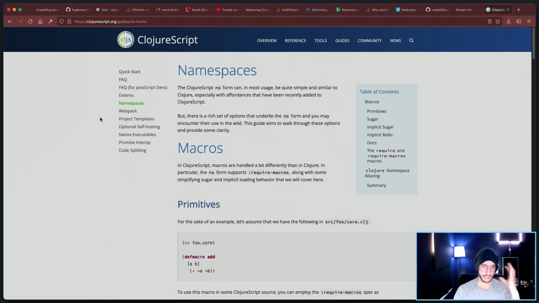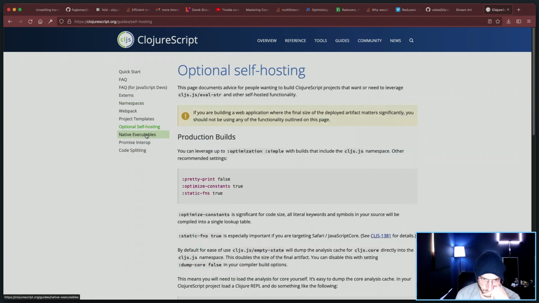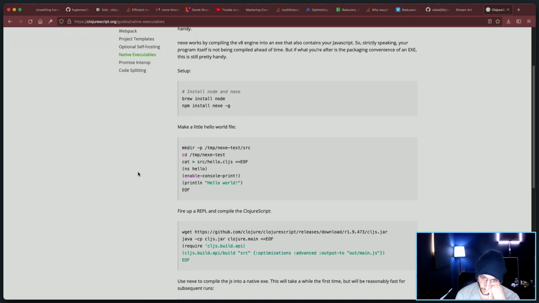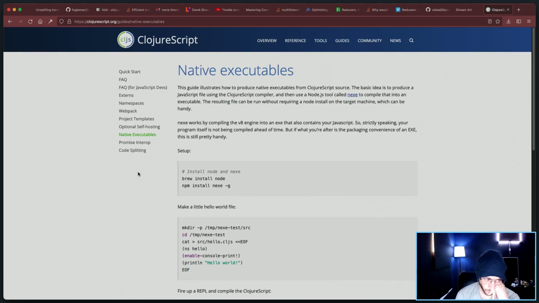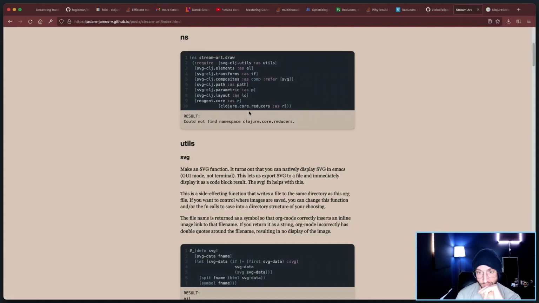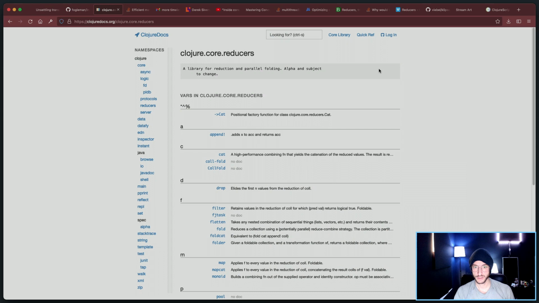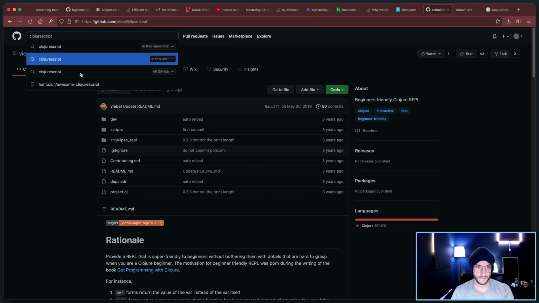No, this is also not what I'm... Okay. Well, clojure.core.reducers. ClojureScript.